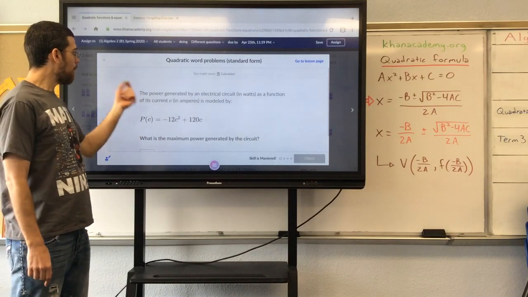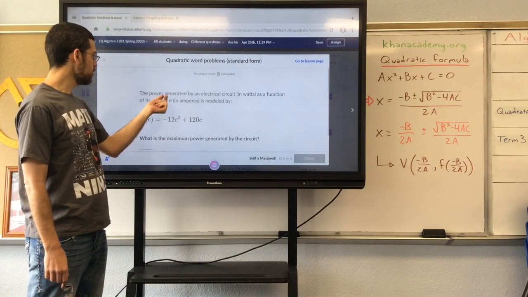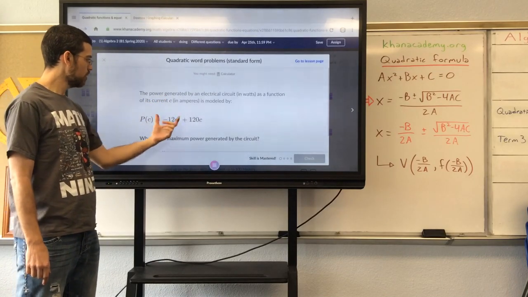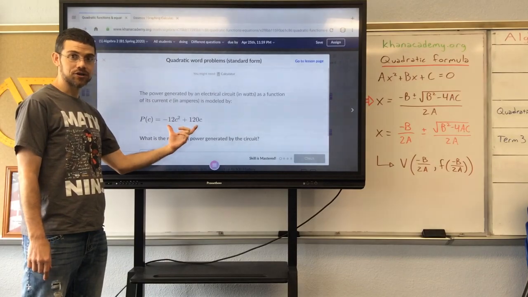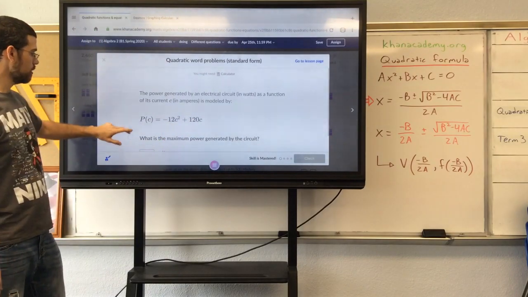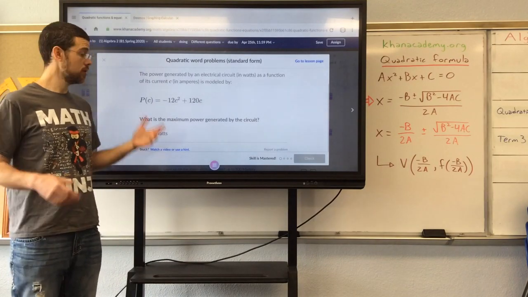So, power, P, is a function of current, C. So power in terms of current equals whatever this evaluates to given your particular current, C. All right? They want to know what the maximum power generated by the circuit is.